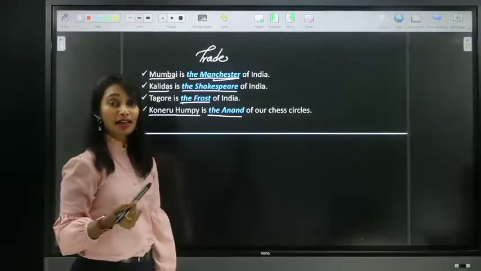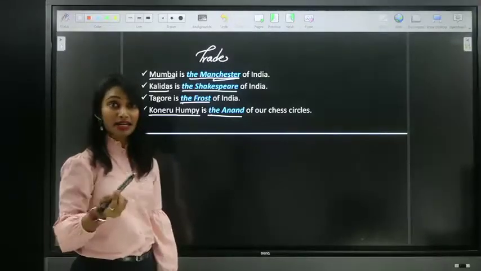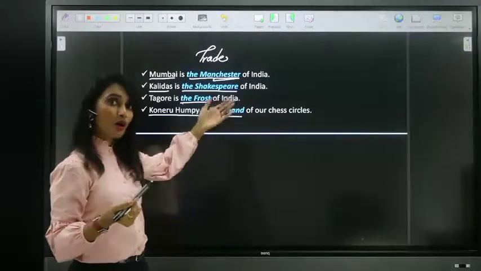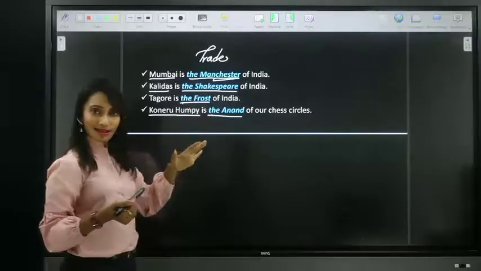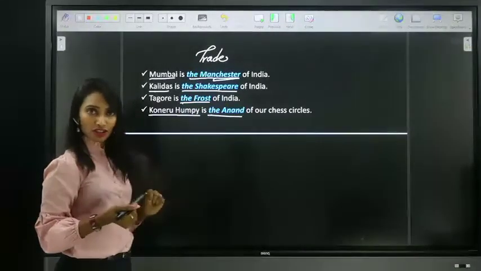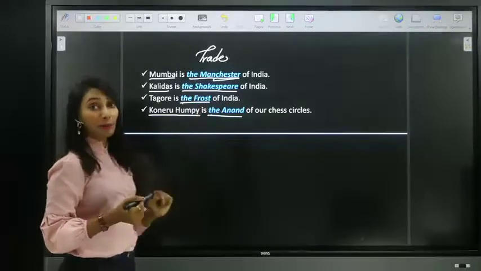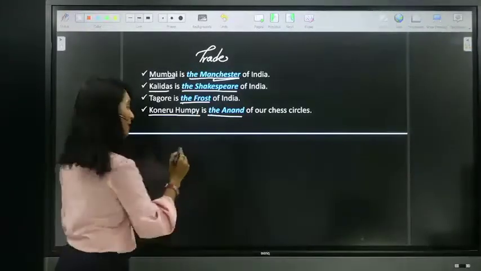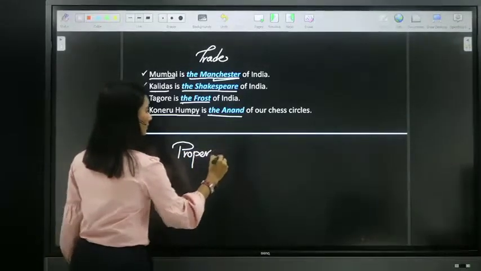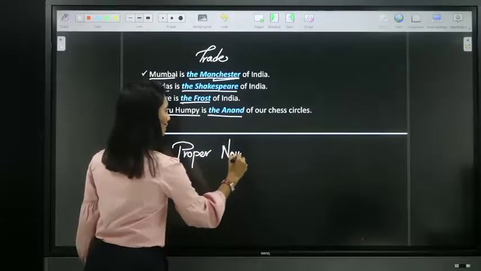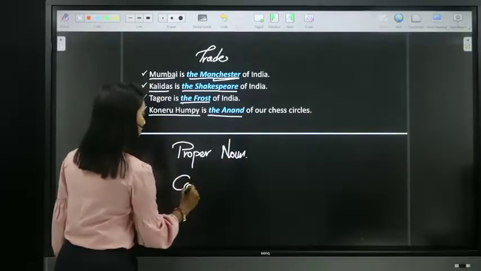We know Anand as the grandmaster for many years in chess. So how Anand was, like that our Koneru Hampi is in this area for our chess circle. So that is about making a proper noun a common noun.